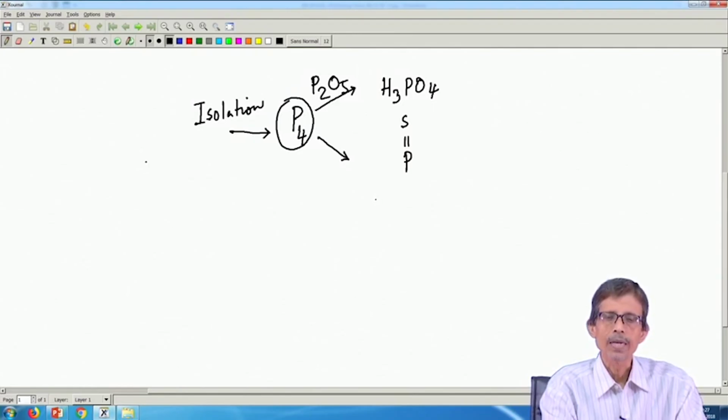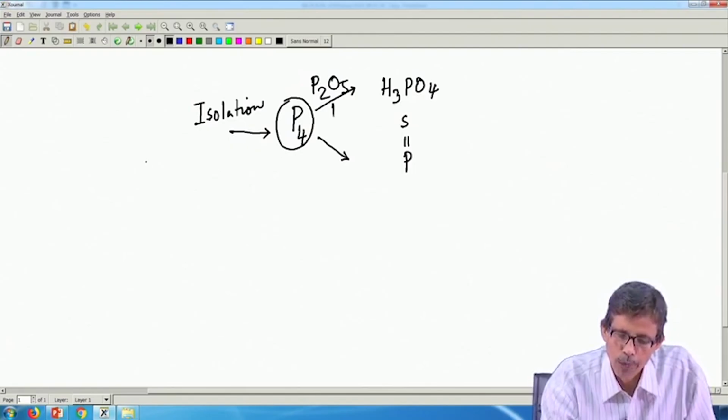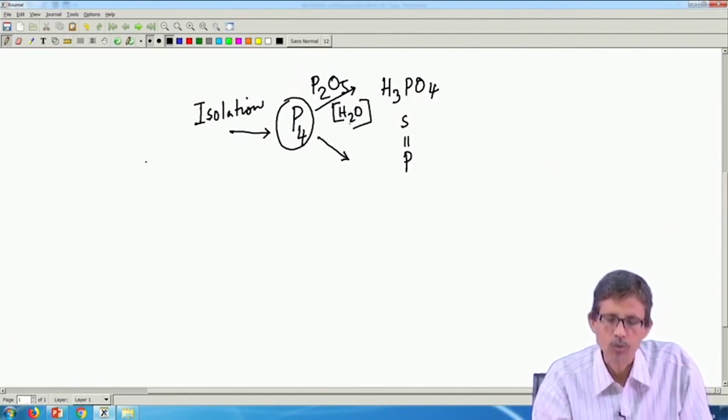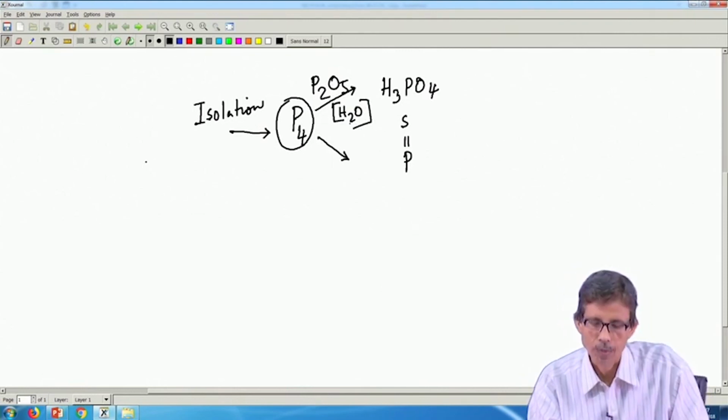That means pentavalent phosphorus is present, and when this reacts with or absorbs water, it gives the corresponding phosphoric acid.